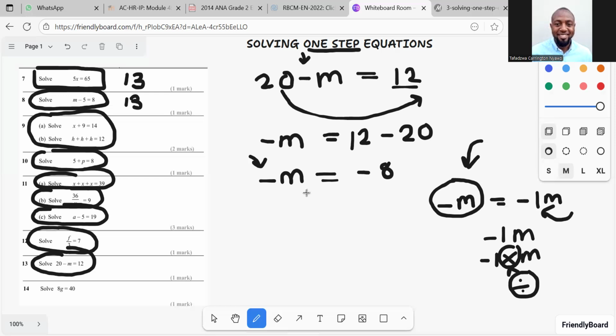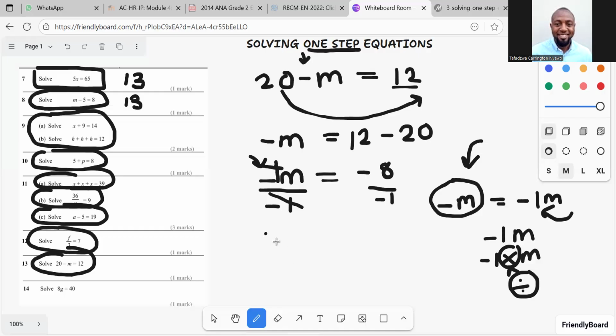So knowing that there is a 1 that is here, I will just divide this side by -1, then I divide this side by -1, so that this -1 and this -1 just cancel out.